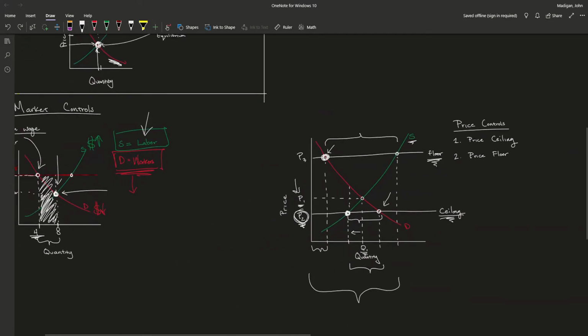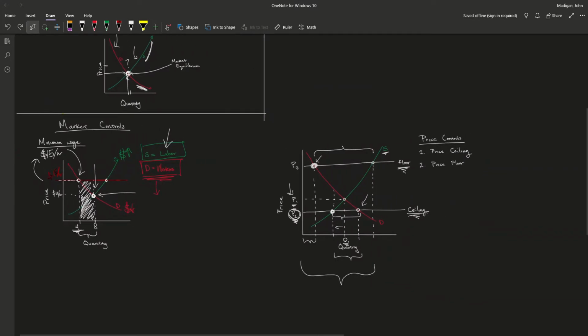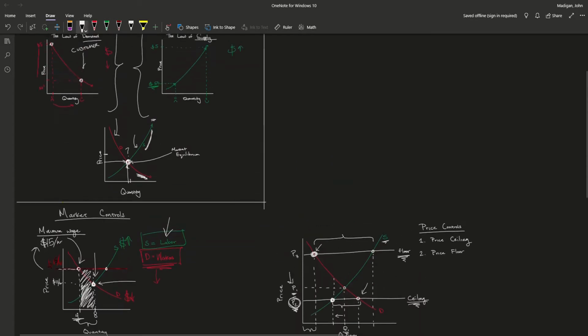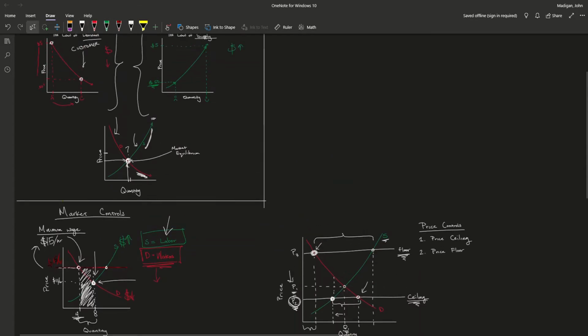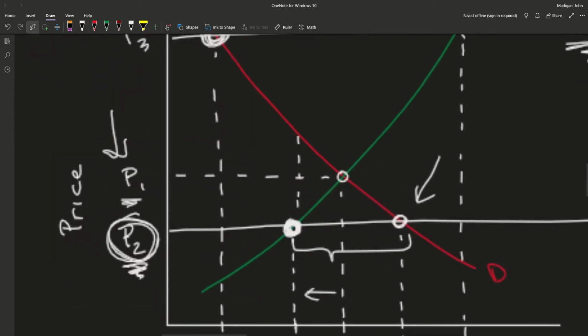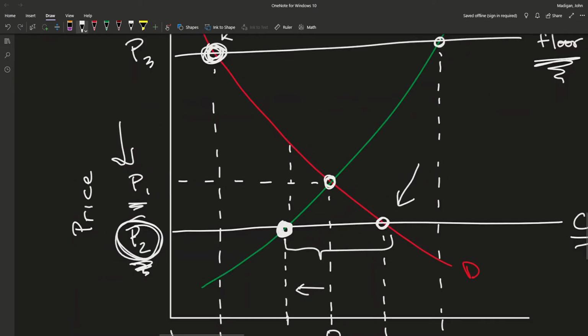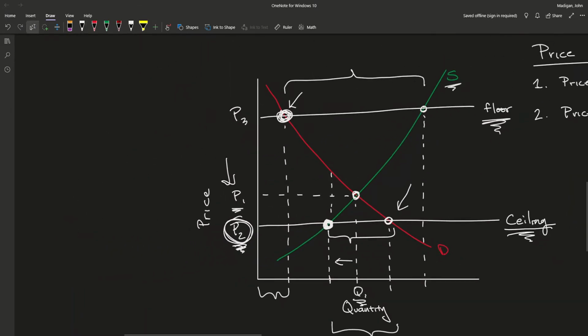So both of these problems, the minimum wage over here and price controls over here, both of them cause inefficiency. Whenever you mess with the market, whenever you try and put regulations on the market, instead of letting it be free and just meet in the middle where people agree to do a fair trade, you're going to get inefficiency.